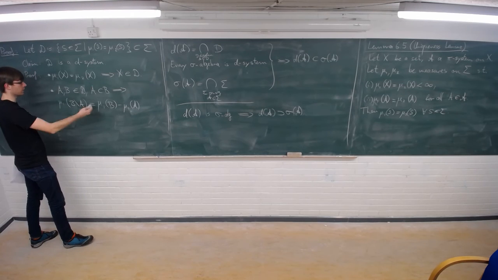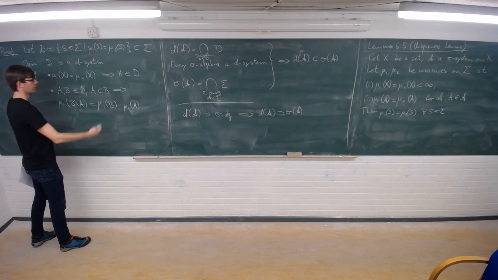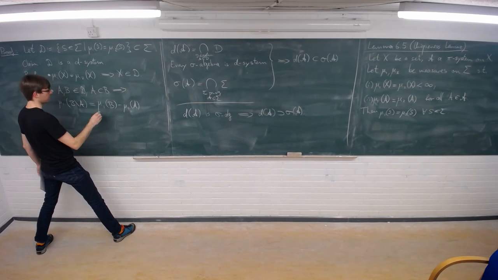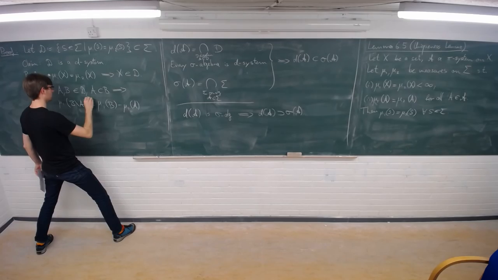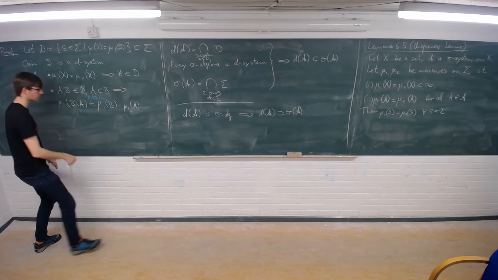Because this formula where you had the minus on one side, that was only true if the measure was finite. Or at least I think the measure of A had to be finite. So this is because mu1 of X is finite.